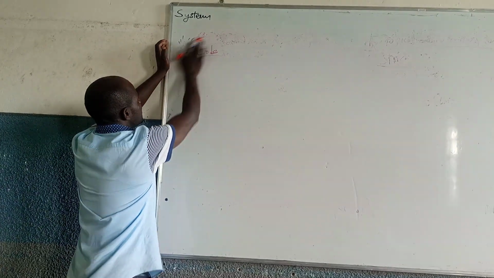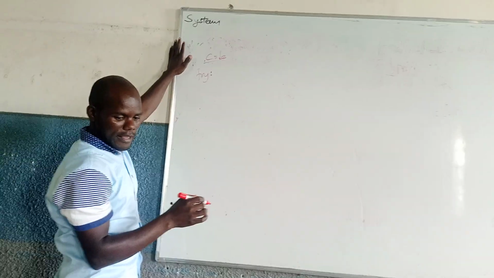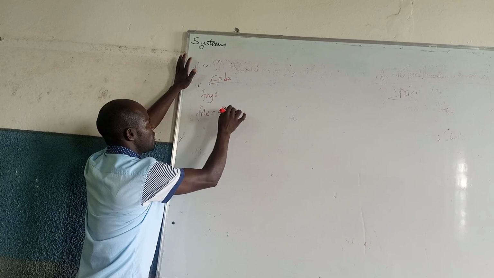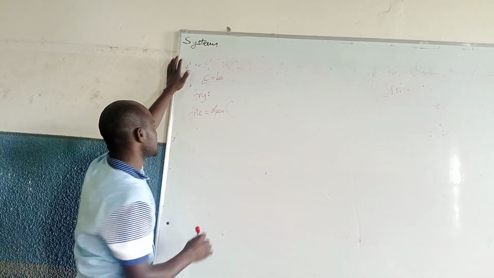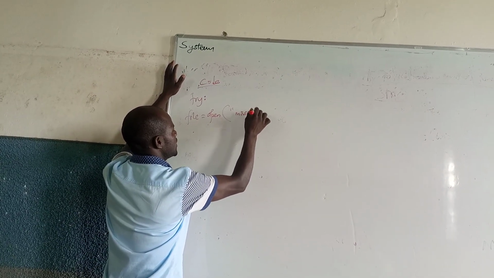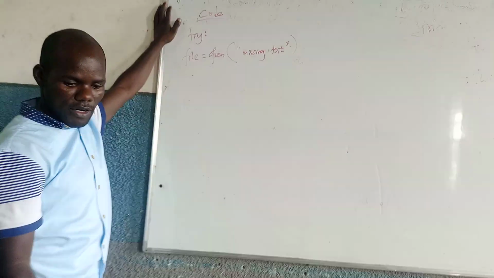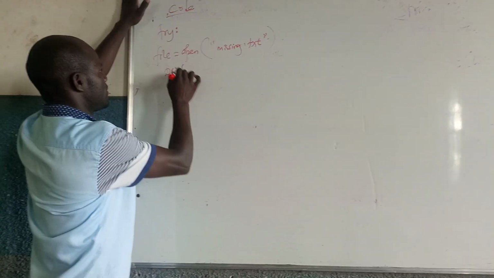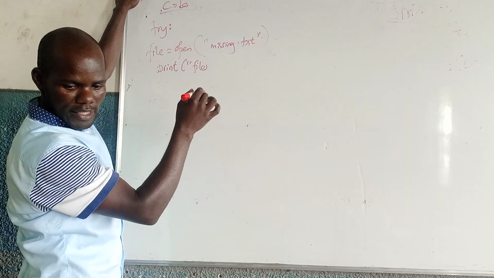You can say try. Then you say file equals open, then missing dot txt. Okay? Yes. Then you say print file exists.